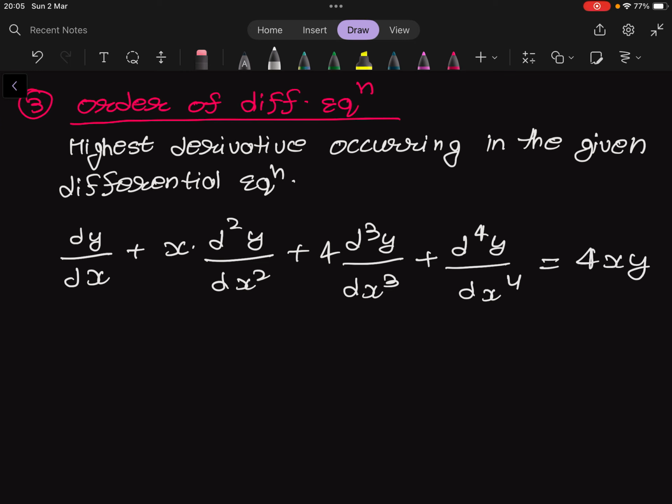So what is the order of the differential equation? First we have to find out the highest derivative. Here we see the highest derivative is 4. So the order of this differential equation is 4.